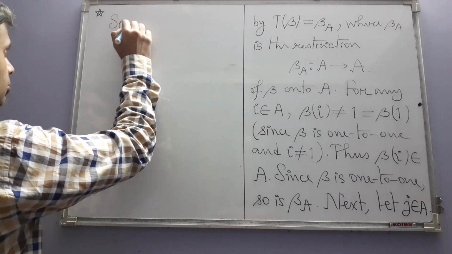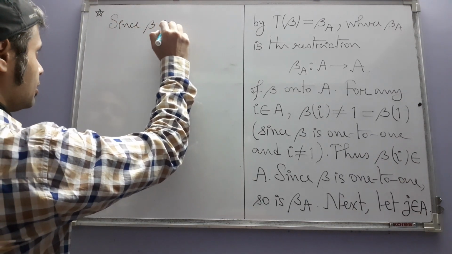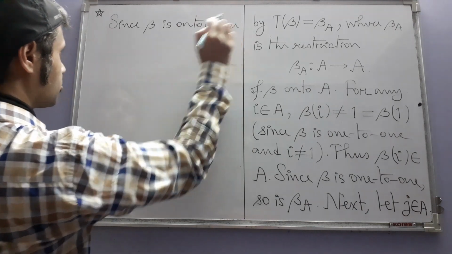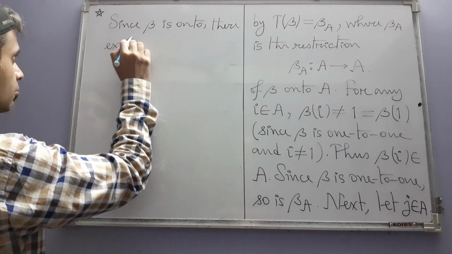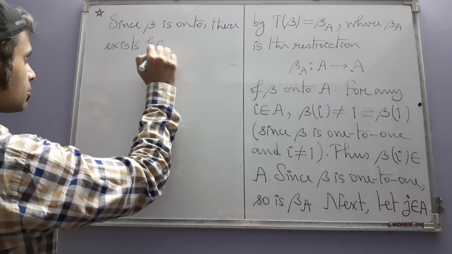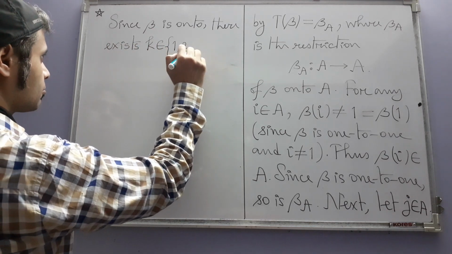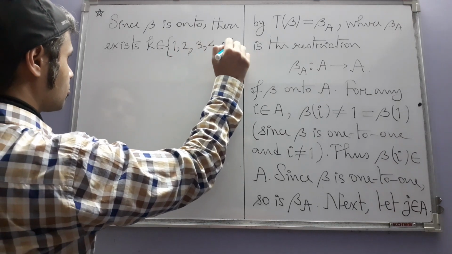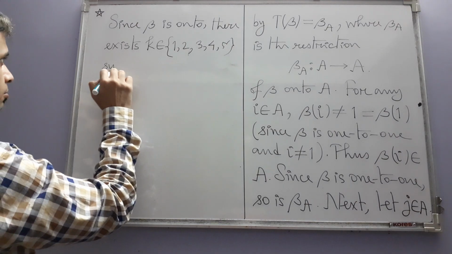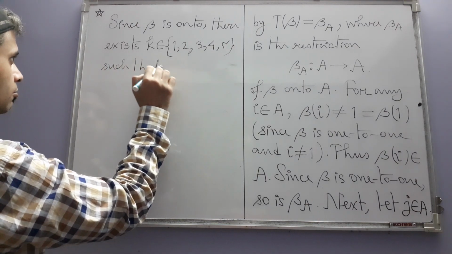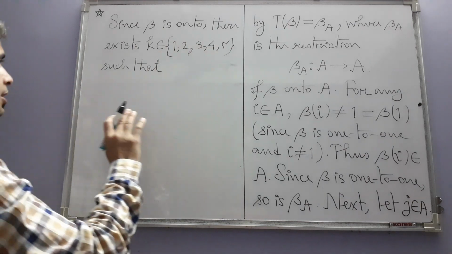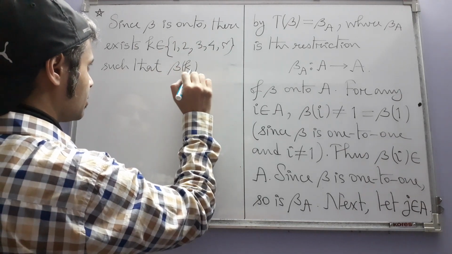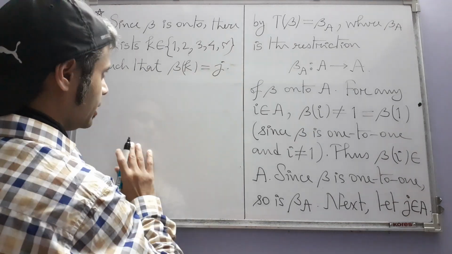Since beta is onto, there exists some k belonging to this set, that is the domain of the original beta, such that beta of k is equal to j.